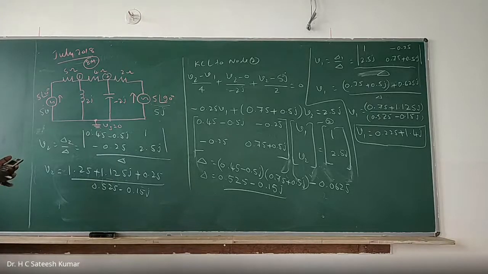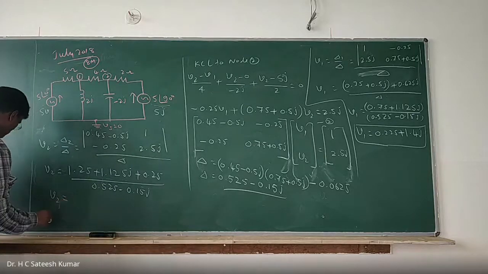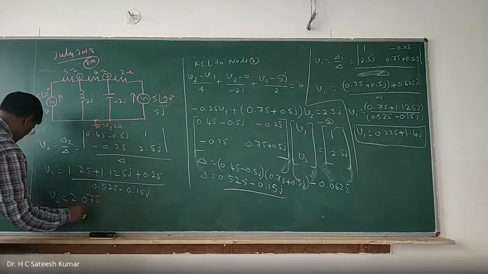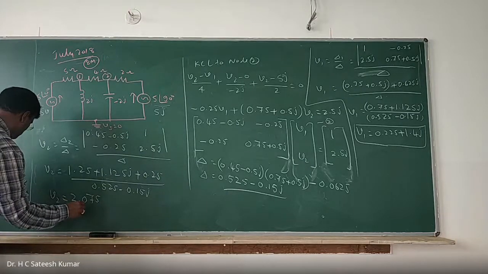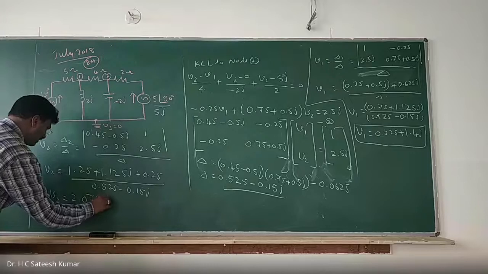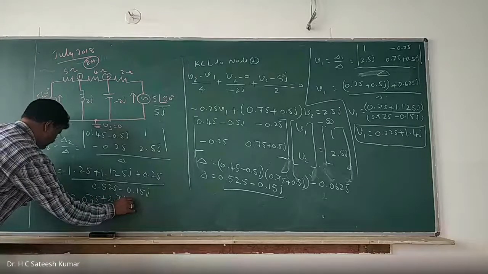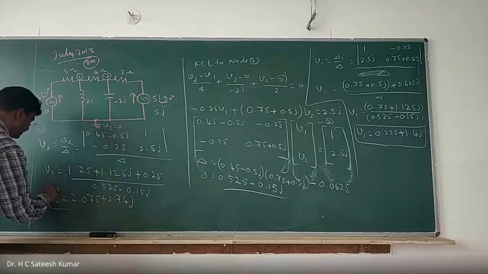V2 is equal to 2.075 plus 2.74J. That is your V2.